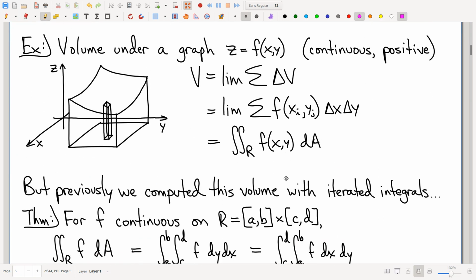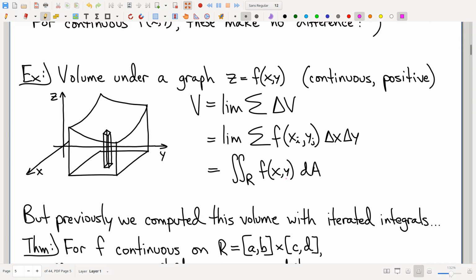Okay, so let's do it. Here is a question. We have a graph. We are going to look at a rectangular base down here in the domain, and we want to compute the volume. How are we going to compute the volume sitting under that graph and over that rectangle?